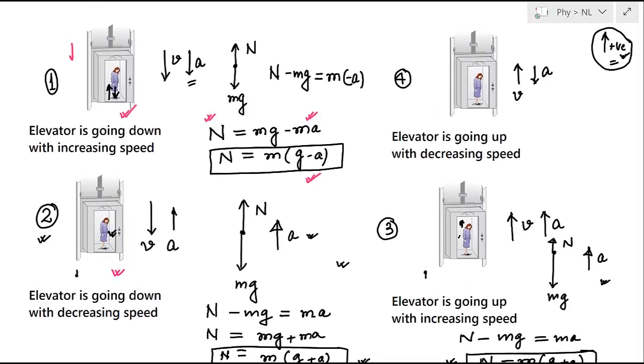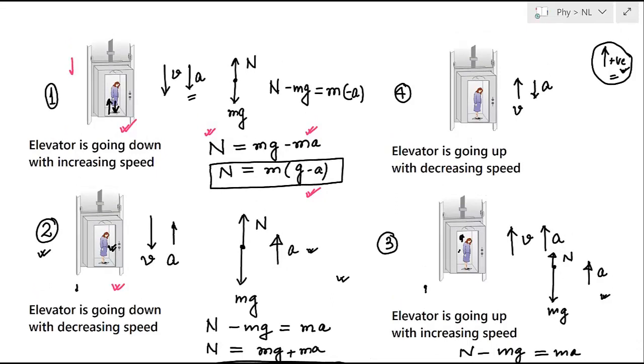Now this situation, situation number 4, is the same as situation number 1. Now you can write Newton's second law in this case once again. Let us first draw the free body diagram. mg is in the downward direction, the normal reaction is in the upward direction, and acceleration is in the downward direction.